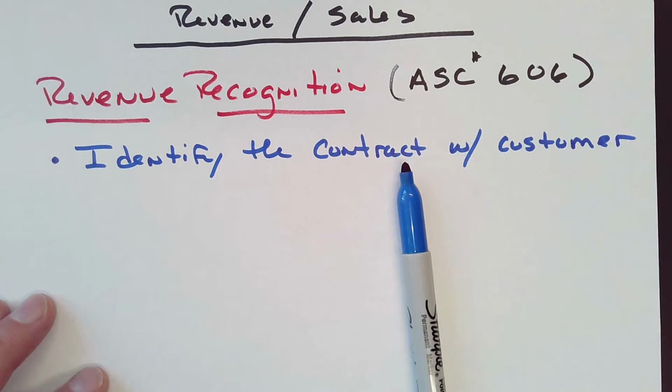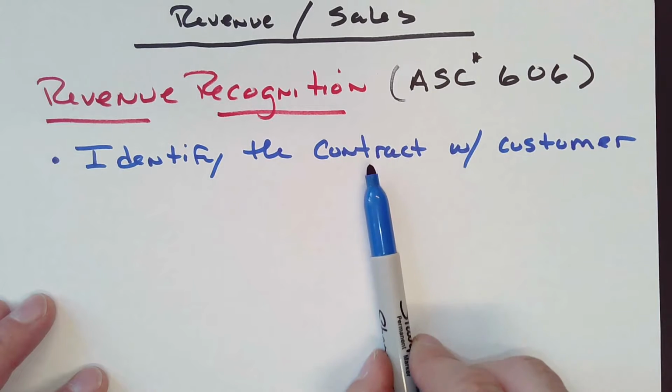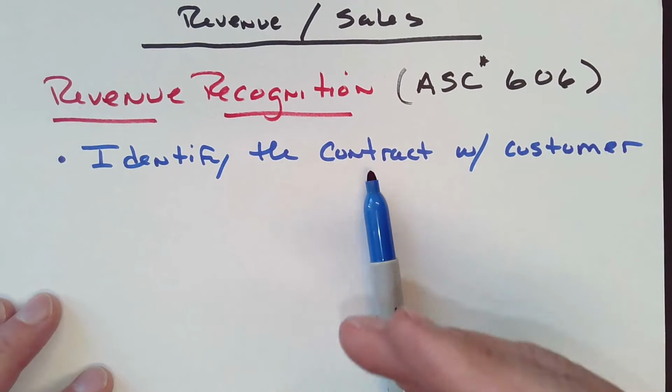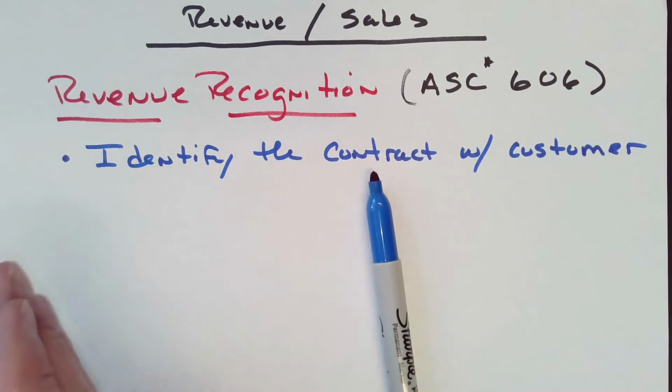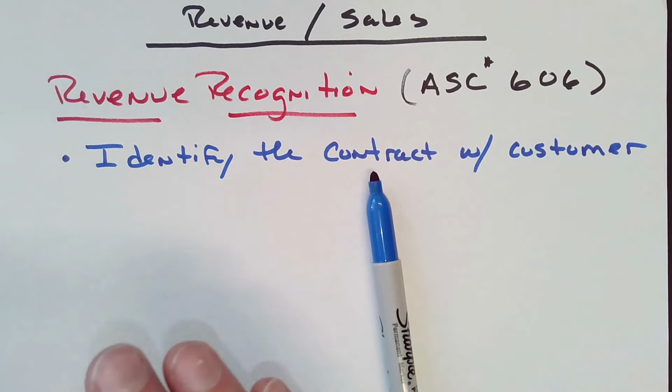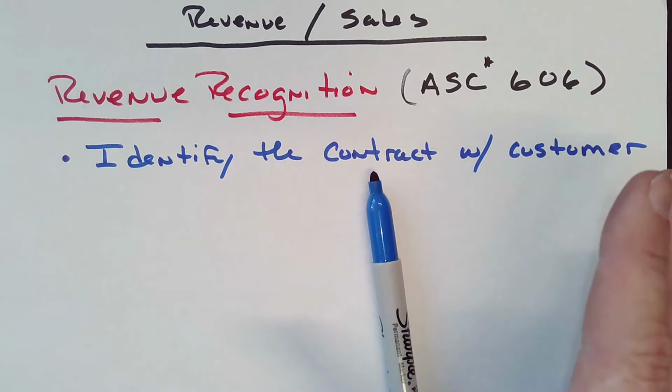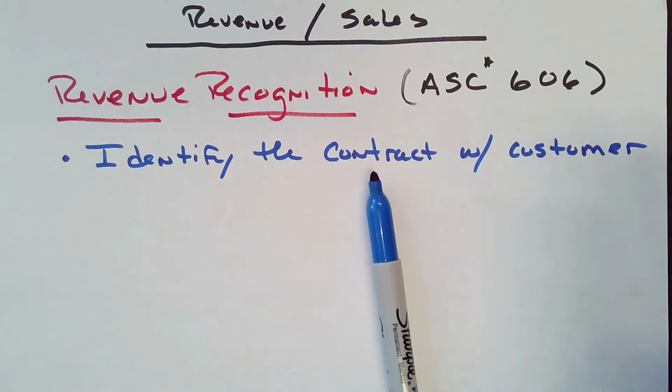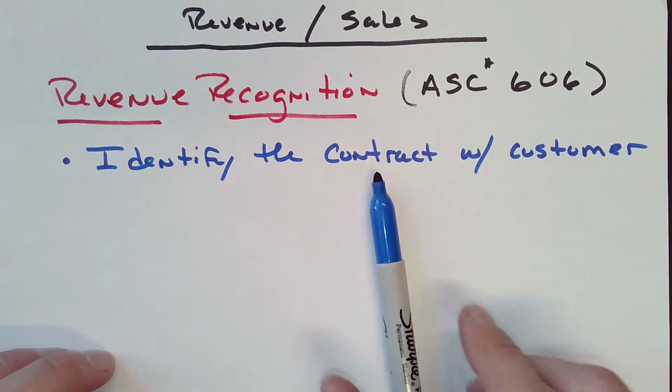So that click is the contract, or it may be more formal where it's a written contract with both parties signing. But we've got to figure out what is the normal for your business. What's the normal way you go about entering into contracts? Is it written? Is it a click? Is it a handshake? Is it a phone call? How do you do it? So we have to identify the contract with the customer before we can do anything else.